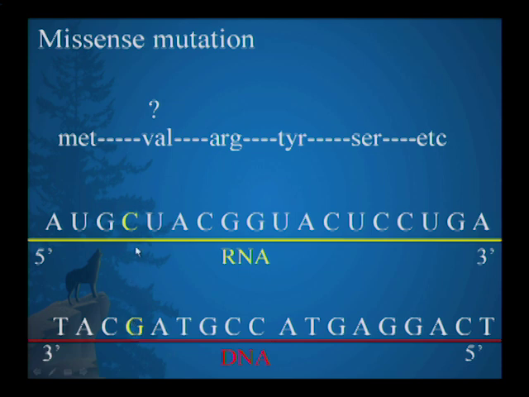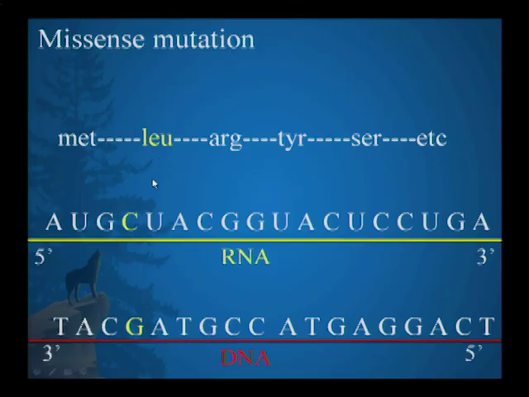Well, downstream that would affect a cytosine being built into the mRNA. And the question is, would that still be a valine in this position? The answer is, in this case, no. That would lead to a leucine being inserted into that position. So we've changed the amino acid sequence. That could change protein shape and protein function. There's no guarantee that it would, but it could.